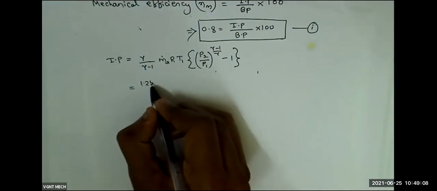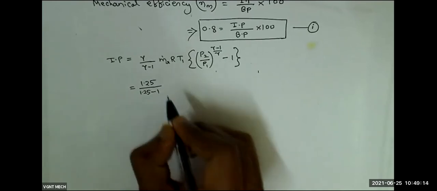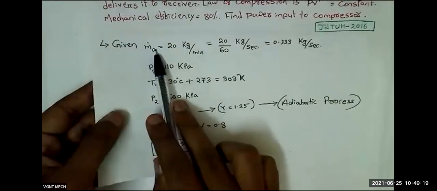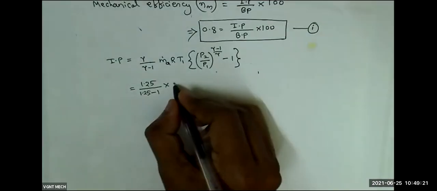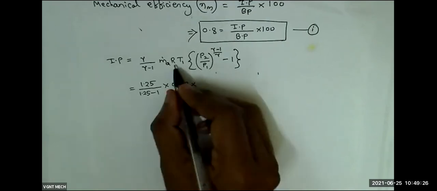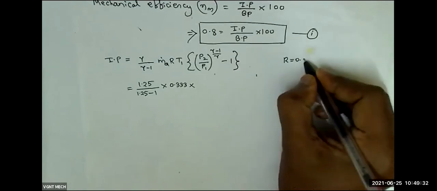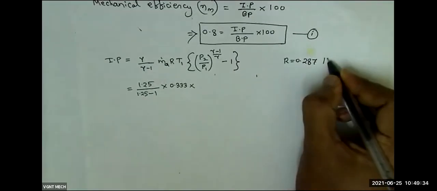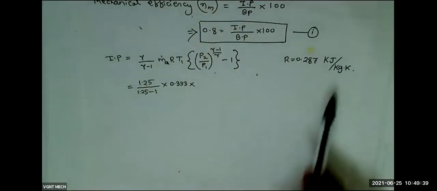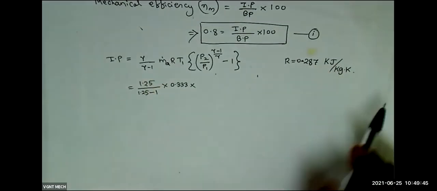So 1.25 divided by gamma minus 1, that is 1.25 minus 1, into the mass flow rate of air, 0.333, into the value of R. R is the gas constant, so the value of R equal to 0.287 kilojoules per kg Kelvin. We will keep this unit in kilojoules only because we will get power in kilowatts.